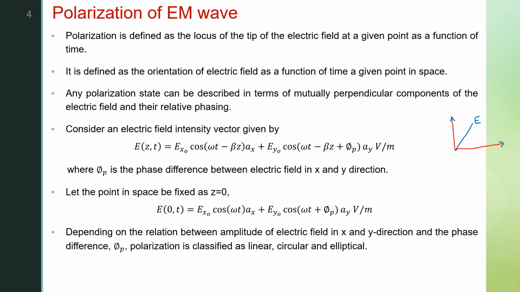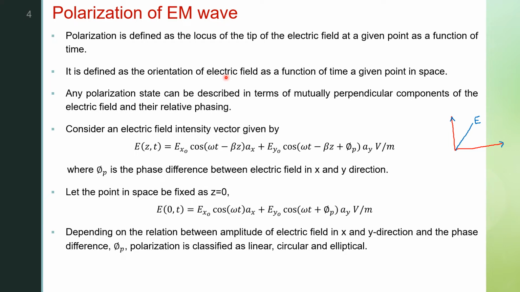So what is the polarization of an electromagnetic wave? It is the locus of the tip of the electric field at a given point as a function of time. That means polarization is defined as the locus of the tip of the electric field vector at a given point as a function of time. Or in other words, polarization is the same as the orientation of the electric field as a function of time at a given point in space.